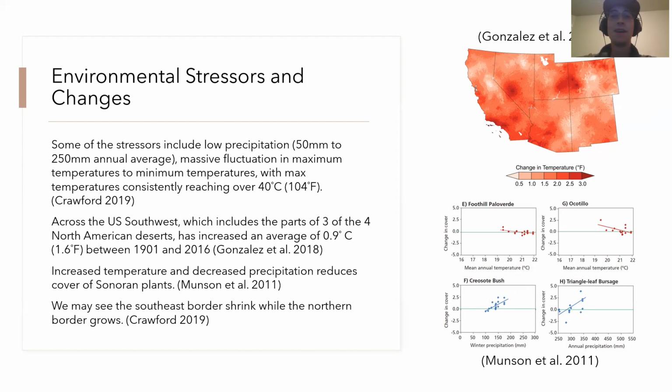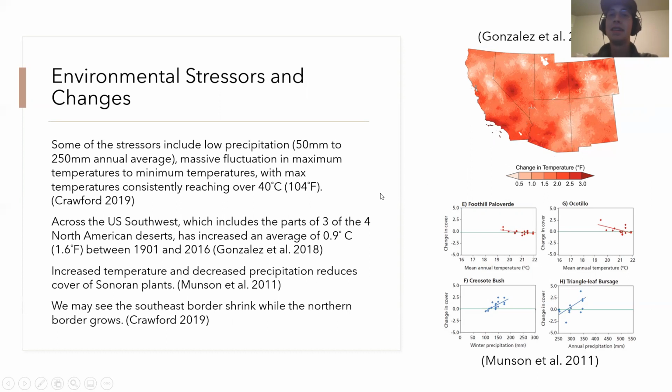And then I found a report on the climate change in the US Southwest, which includes 3 of the 4 North American deserts, which are the Mojave, the Sonoran, and the Great Basin. That's actually where this graph comes from, but you can see along this southern part of California and Arizona, which is where the Sonoran is, it's the darkest red, indicating the highest temperature increases.